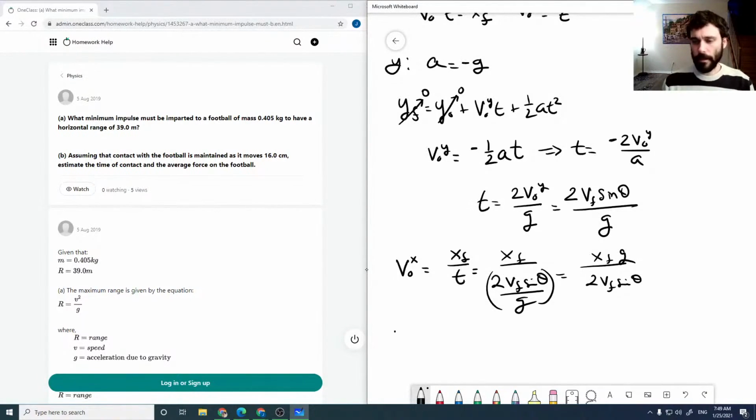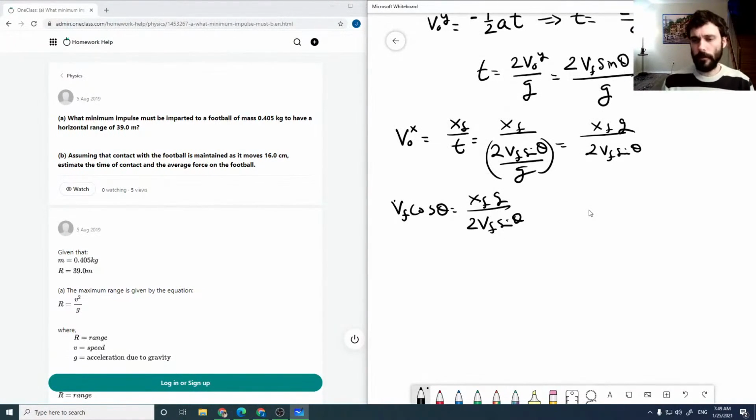Now our V naught X is VF cos theta, and so that equals XF G over 2 VF sine theta. We can now rearrange this to say that VF squared is equal to XF G over 2 sine theta cos theta.